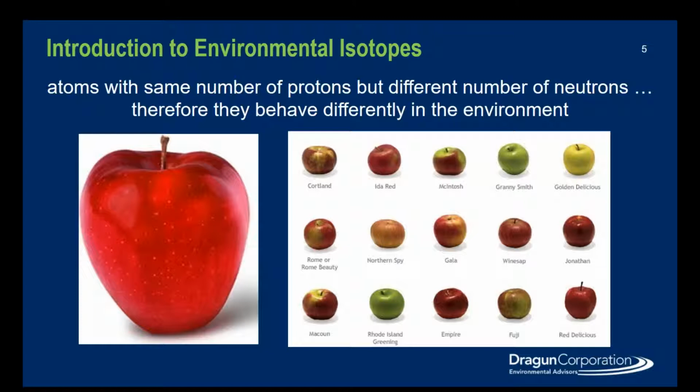In the heyday of the Motor City, you had like 5 different types of GMs and 5 different types of Chrysler cars that were basically the same but just had different badges. So isotopes are atoms that have different characteristics or behaviors because of their mass differences.